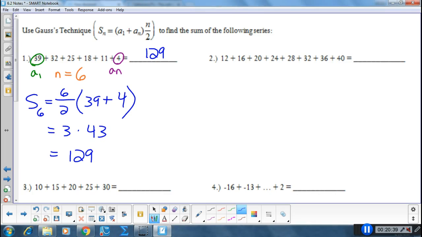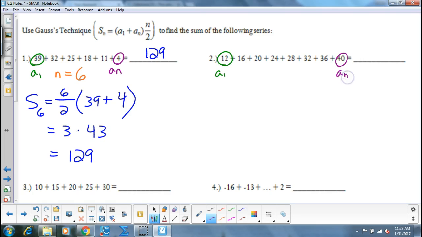You now do 2, 3, and 4. While you guys are finishing up number 4, I think everybody's pretty much on number 4, I'll catch up. There's a sub 1. There's a sub n. And there are 1, 2, 3, 4, 5, 6, 7, 8 terms.